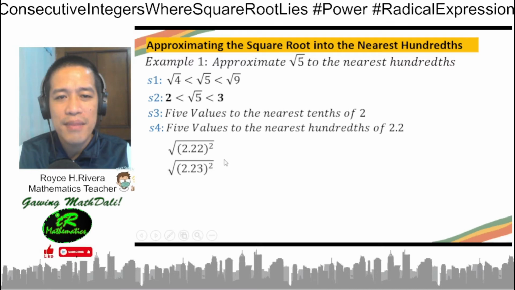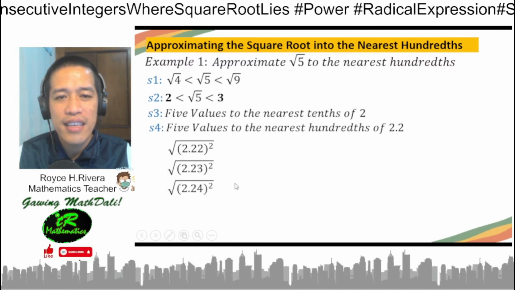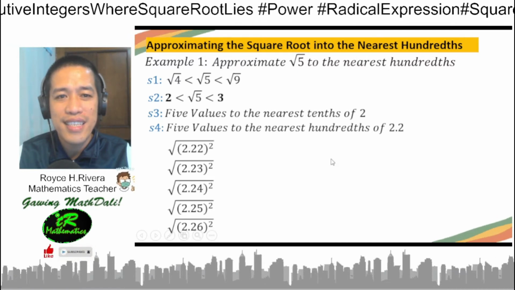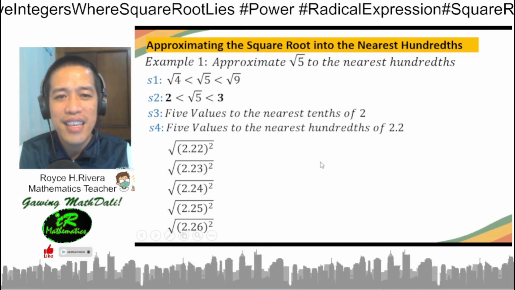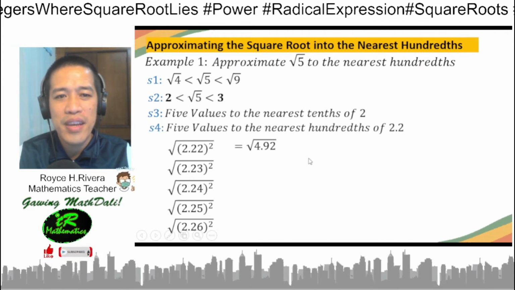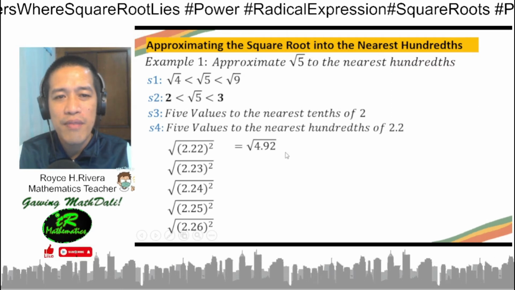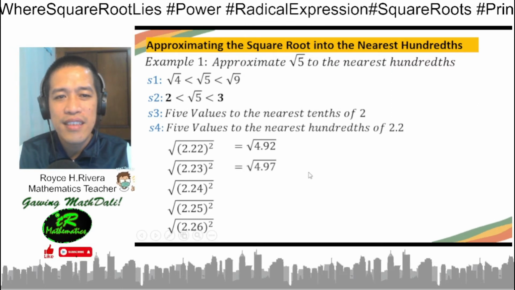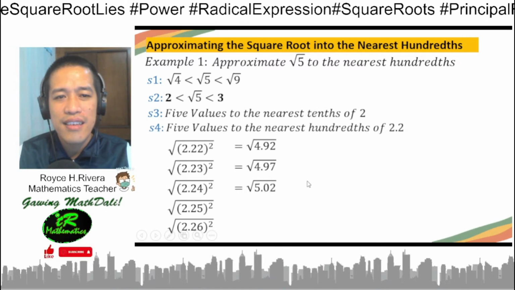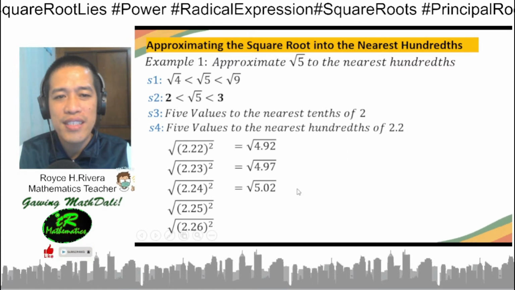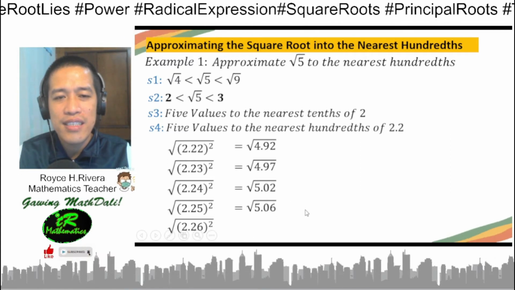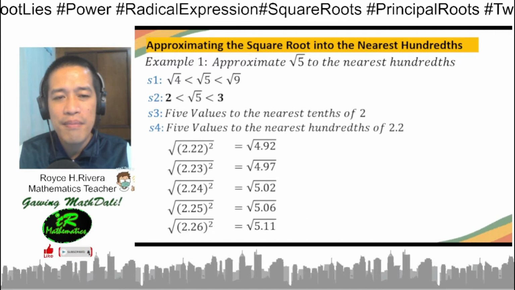And we will do the same with 2.23, 2.24, 2.25, and 2.26. Let us evaluate each. The square root of 2.22 quantity square is equal to the square root of 4.92. Then we will get the square root of 4.97, followed by the square root of 5.02, the square root of 5.06, and the square root of 5.11.